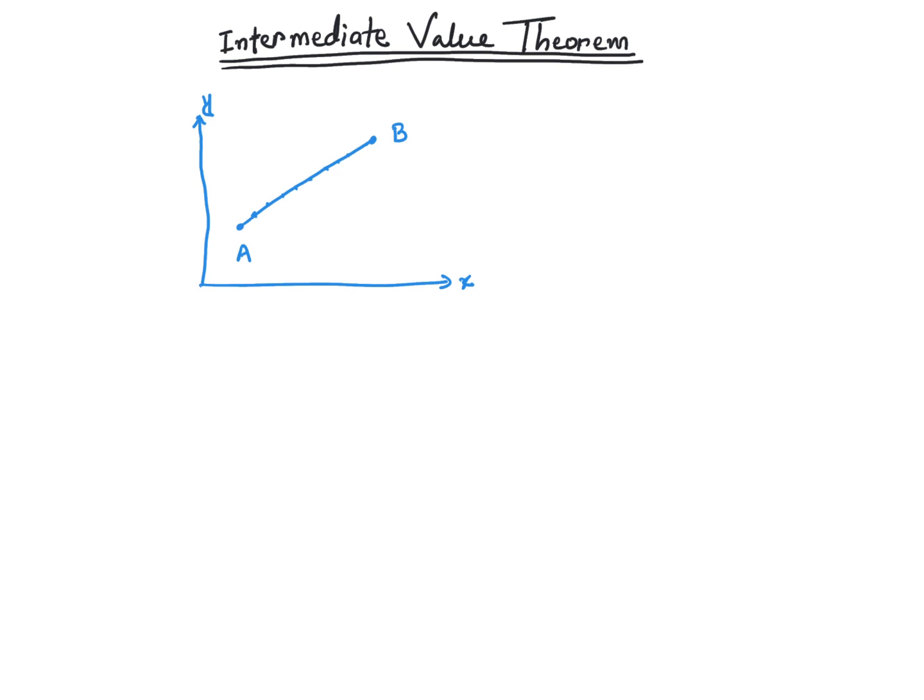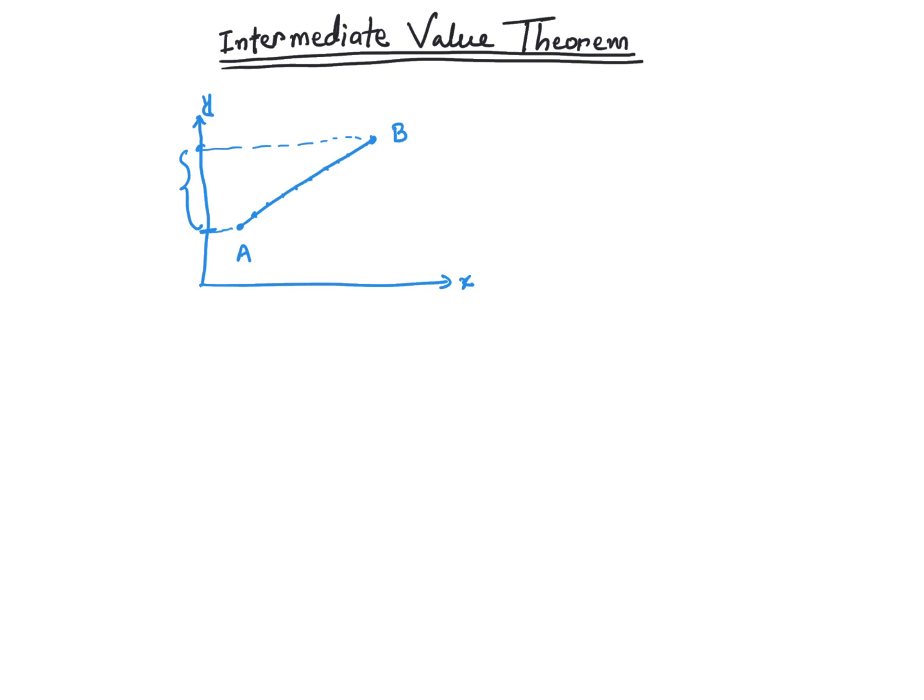Now, in going from point A to B, you vertically covered this distance, from here to here. So technically, your vertical distance coverage is this. Now, imagine that the line from point A to B is a function.